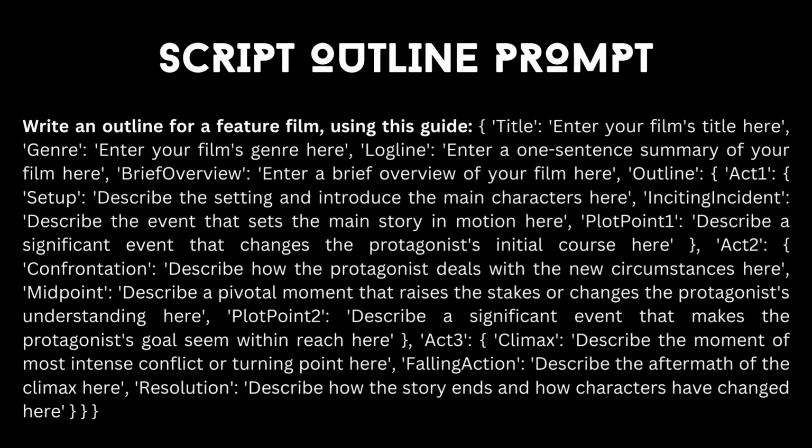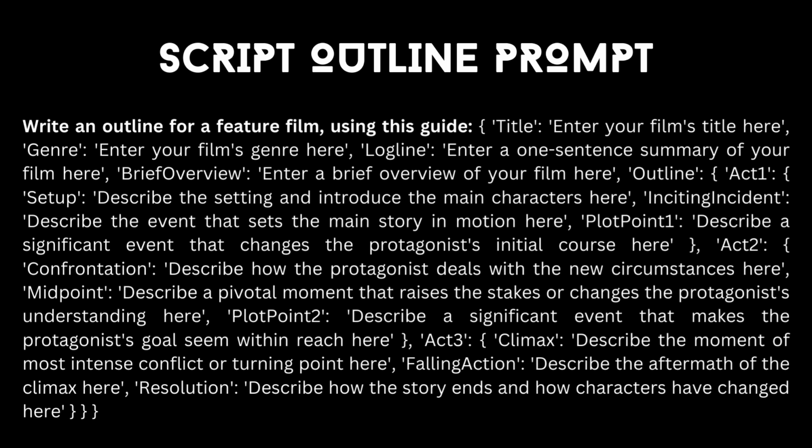So on screen, you see the script outline prompt, where it states to write an outline for a feature film using this guide. Again, you would enter your film's title, the genre for the film, the logline, the brief overview that you just created, and then it would direct the AI to go ahead and outline Act 1, which includes the setup.